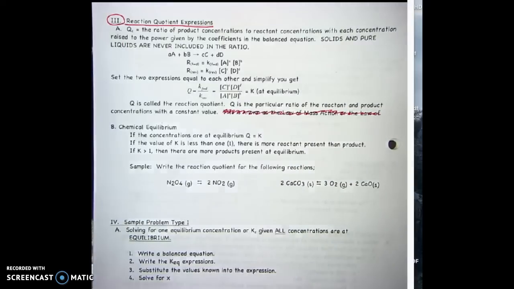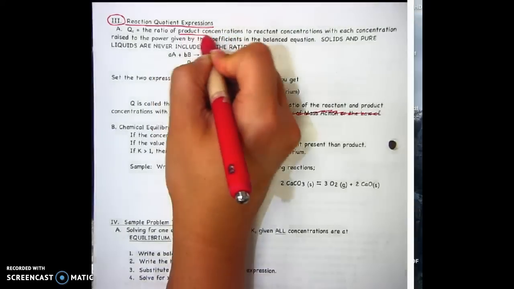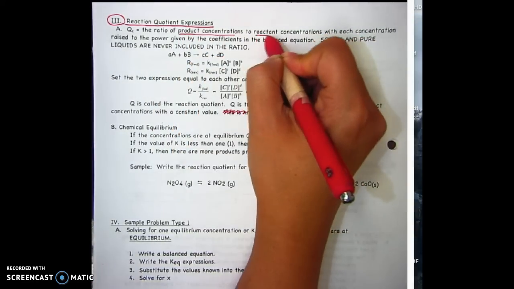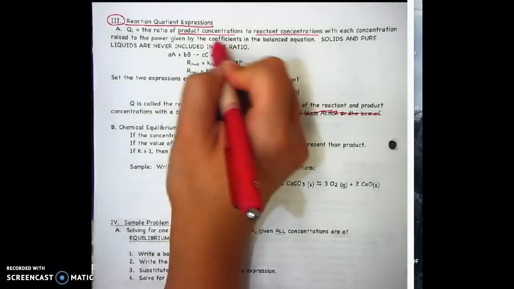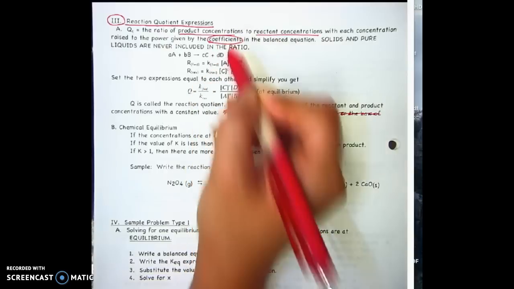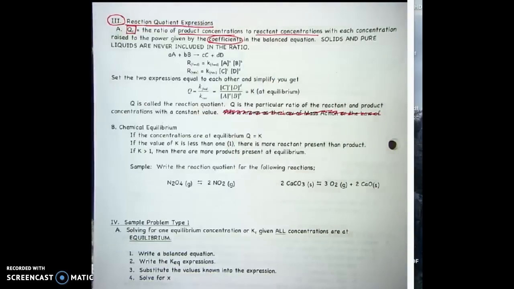And it's an expression that gives you an idea of the concentration of products that we have, and you're going to compare it to the concentration of reactants that we have, okay? And another thing that's really important here is the coefficients from your equation are going to have a play in the actual equation itself. And again, that's called your reaction quotient, your Qc here.